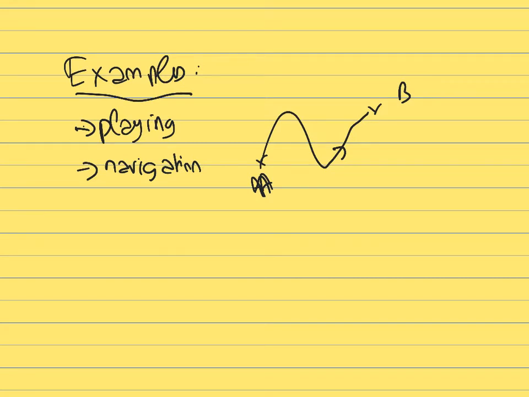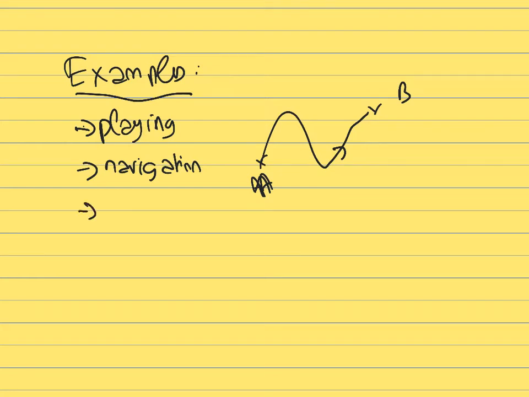This is a navigation problem. In this case, it's a path finding problem where you have different possible routes that you can take, and you want to find the most optimal way to go from one point to another.